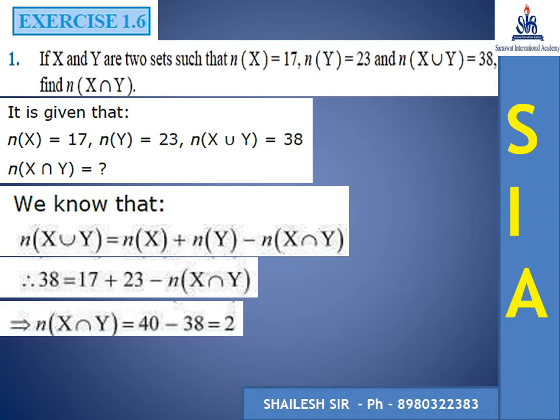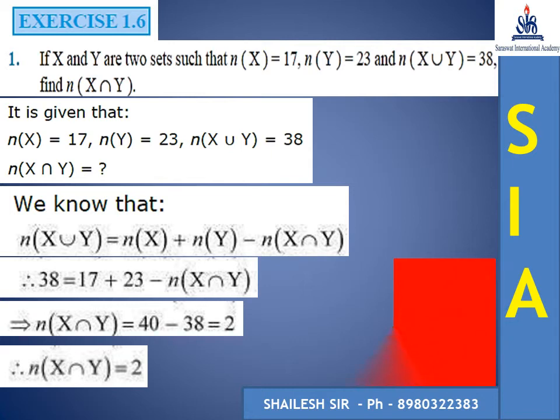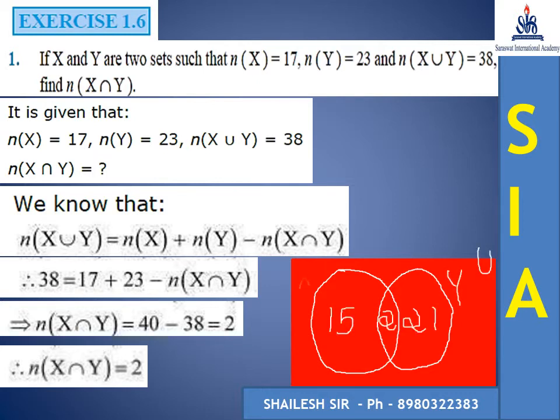Yes students, this 2 indicates only and only the common region between X and Y, and I show in this Venn diagram n(X intersection Y) is equal to only 2. Look at the red portion: our set X and set Y are drawn here, and 2 is the common region for both sets X and Y. And 15 indicates why: n(X) is given as 17, minus 2, you get 15 remaining.